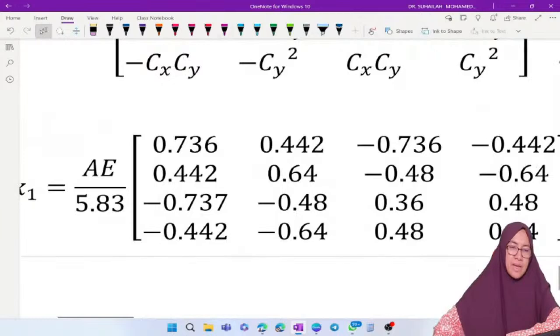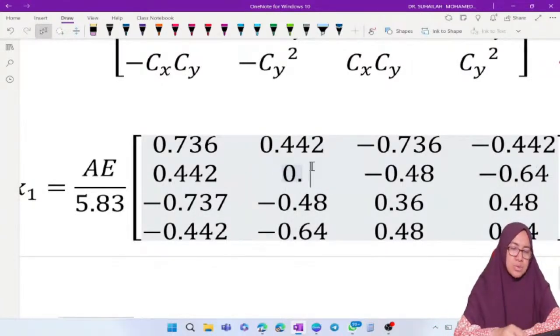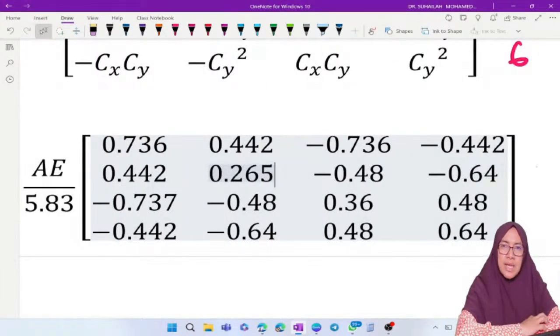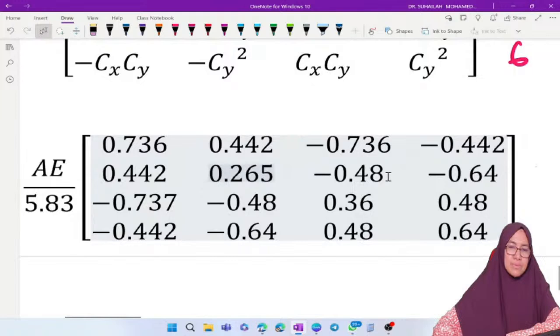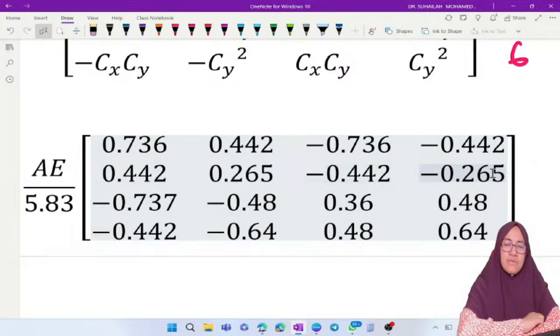So this value is 0.265. Okay, 0.442 and 0.265.